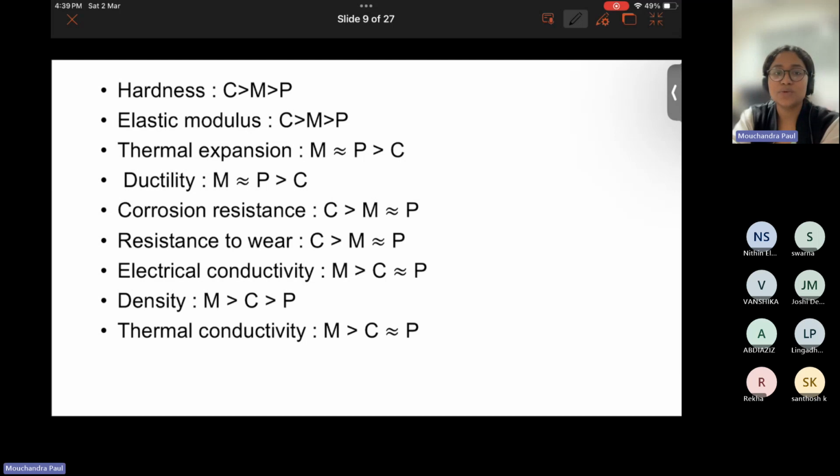Read it on Google and tell me, no problem, but don't repeat that statement to me. You have to explain it in your own words. What do you mean by hardness?